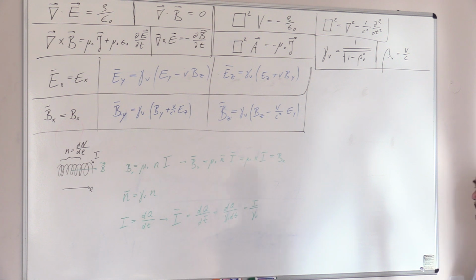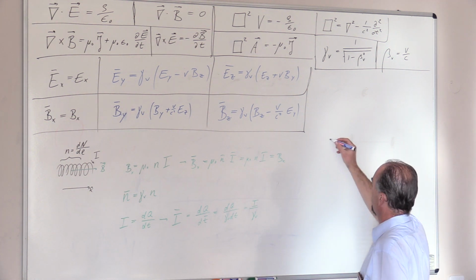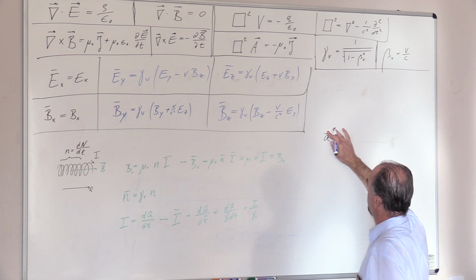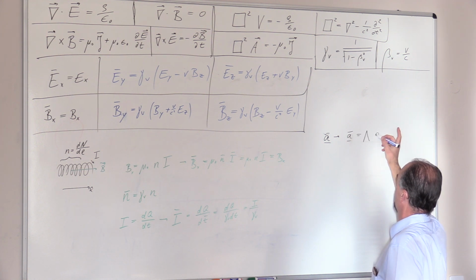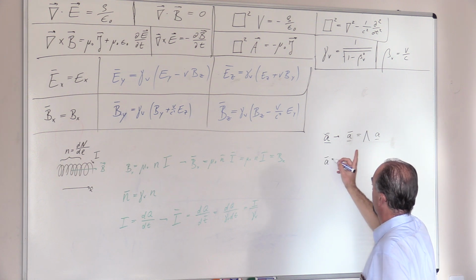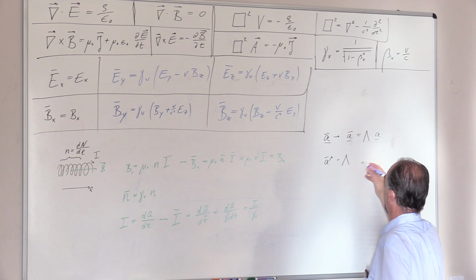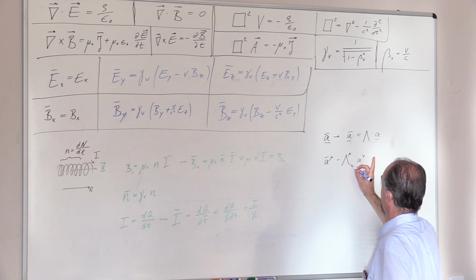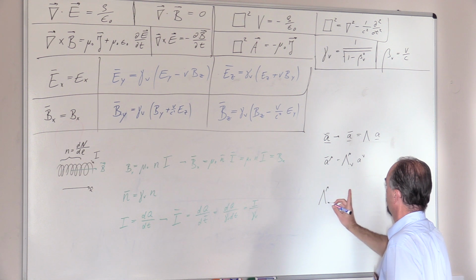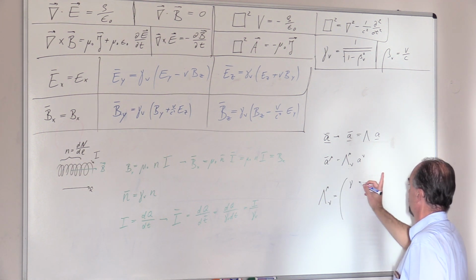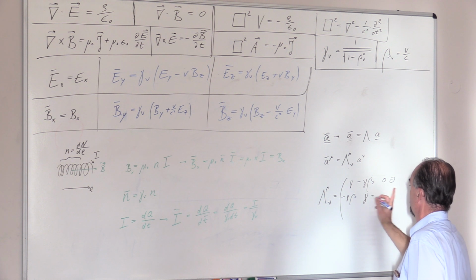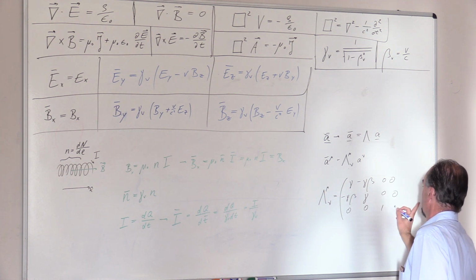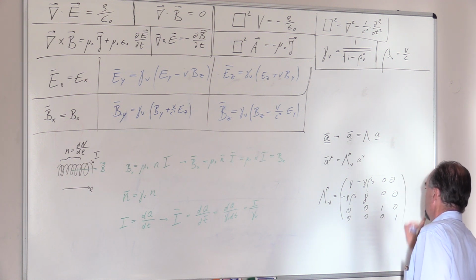So we know the Lorentz transformation, of course, if we have some 4-vector A, then of course A bar would be our Lorentz matrix lambda times A, or A bar mu would be lambda mu nu A nu, where lambda was gamma, minus gamma beta, 0, 0, minus gamma beta, gamma, 0, 0, 0, 0, 1, 0, and 0, 0, 0, 1, right?